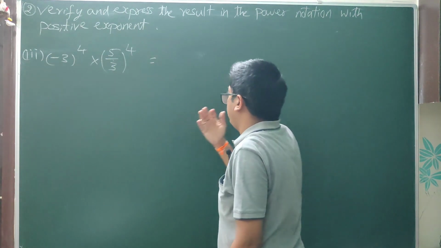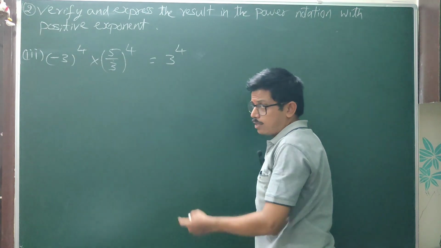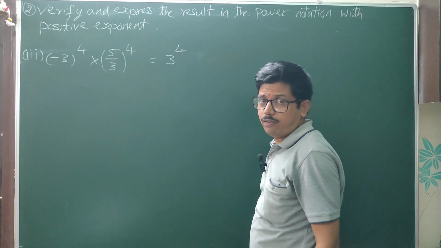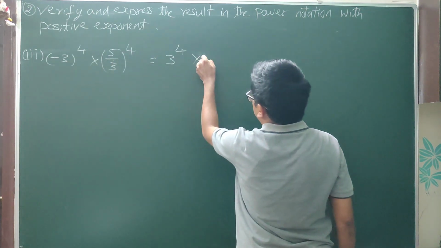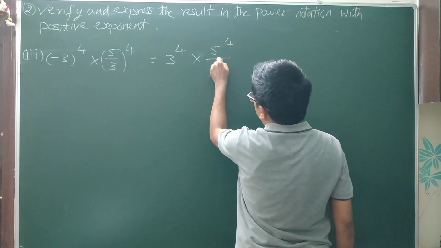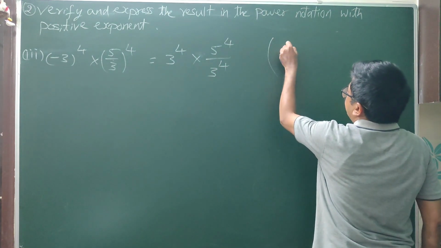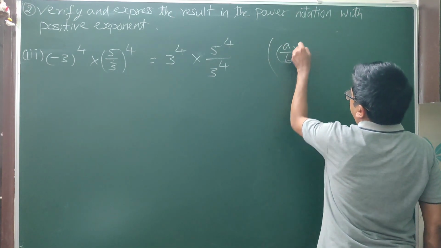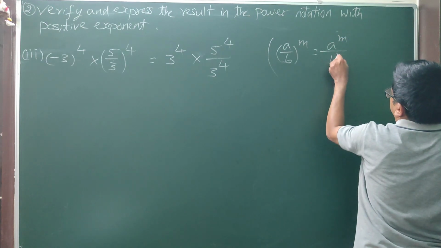So finally we will get it as 3 power 4 only, because the power is an even number, into this becomes 5 power 4 by 3 power 4. In the previous problem we have learned a formula that a by b whole power m equal to a power m by b power m.